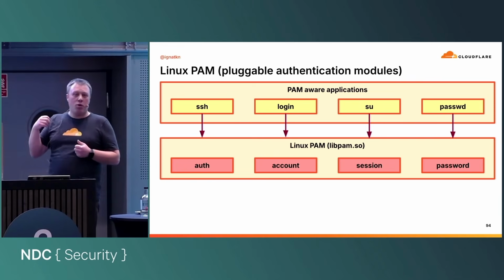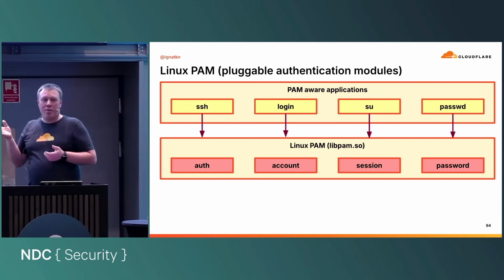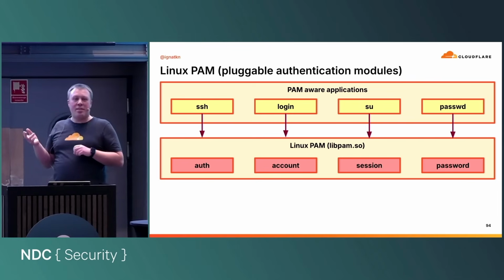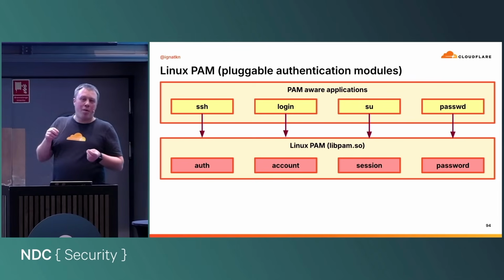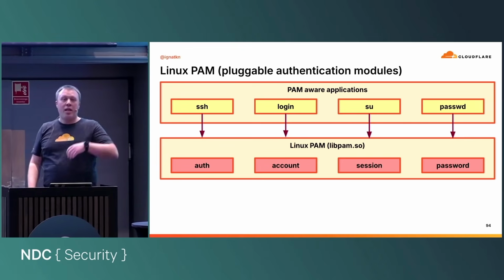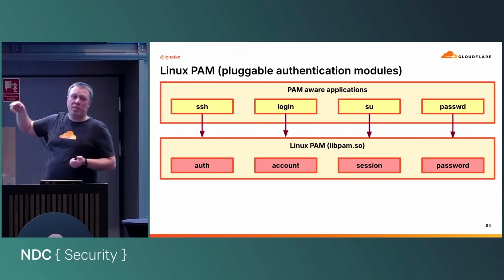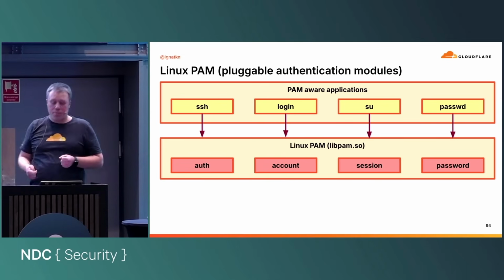They're mostly used for logging and audit purposes. And the password module, even though it's called password, is actually not to verify a password, but to change a password. So passwd uses a password module, and if a user wants to change their credential, the credential needs to have a supporting password module.